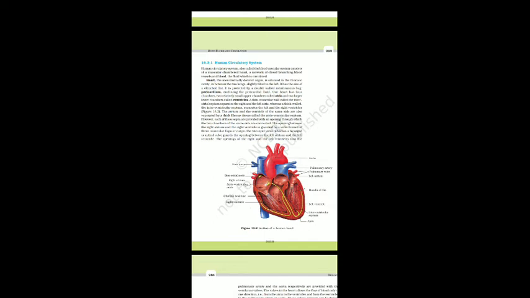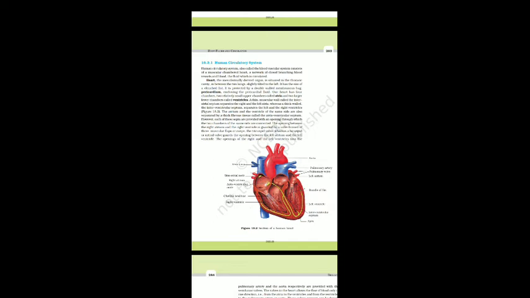However, each of these septa is provided with an opening through which the 2 chambers of the same side are connected. The opening between the right atrium and the right ventricle is guarded by a valve formed of 3 muscular flaps or cusps, the tricuspid valve, whereas a bicuspid or mitral valve guards the opening between the left atrium and the left ventricle.